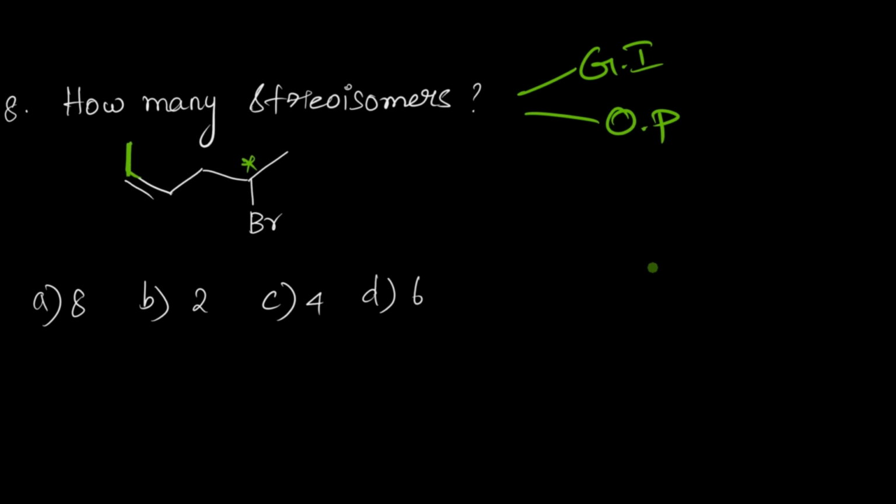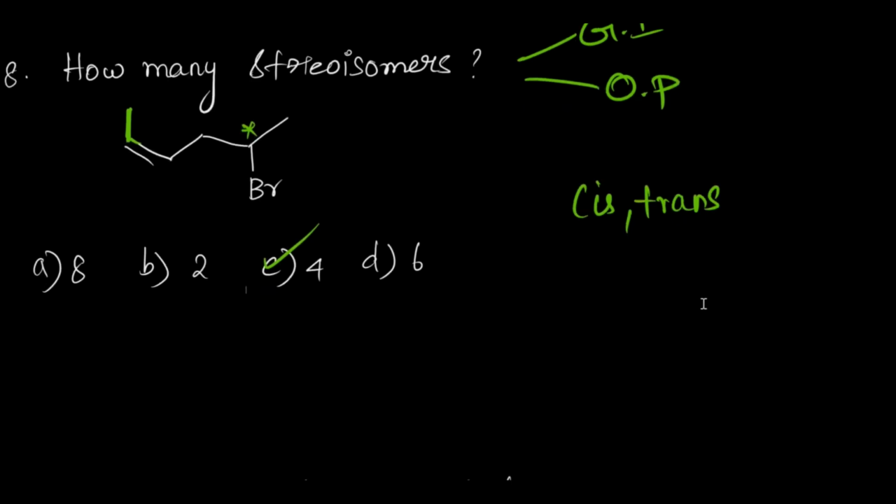So how many stereoisomers are possible over here? This can give cis and trans, and cis and trans can each give D and L isomers. So total 4: 2 geometrical, 2 optical.